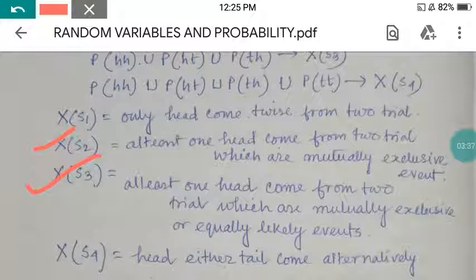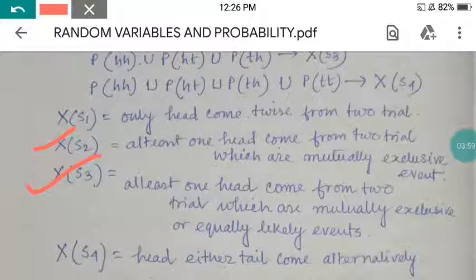Now point number 3, at least one head comes from two consecutive trials, which are mutually exclusive or equally likely events, because TT, TH and HT are obviously mutually exclusive, and TH and HT are equally likely cases, so obviously it is a mixed trial.